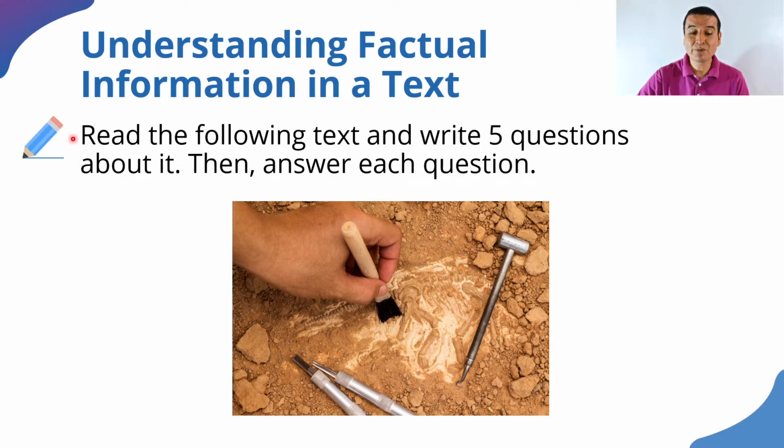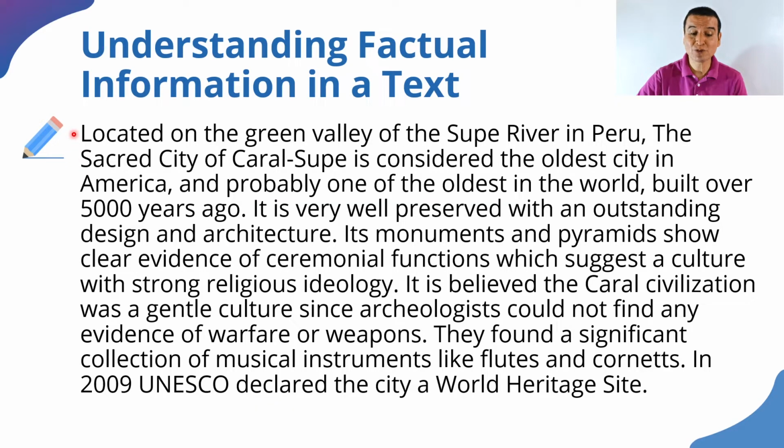All right? Let me read this for you so that you can have an idea of the text, and then you write the questions. Located in the green valley of the Supe River in Peru, the sacred city of Caral Supe is considered the oldest city in America, and probably one of the oldest in the world, built over 5,000 years ago.